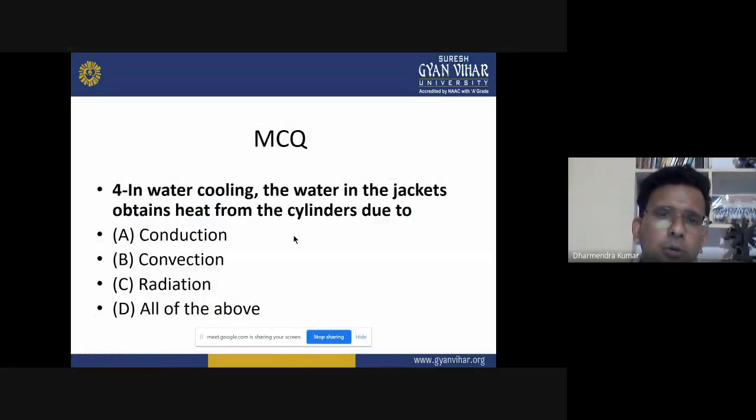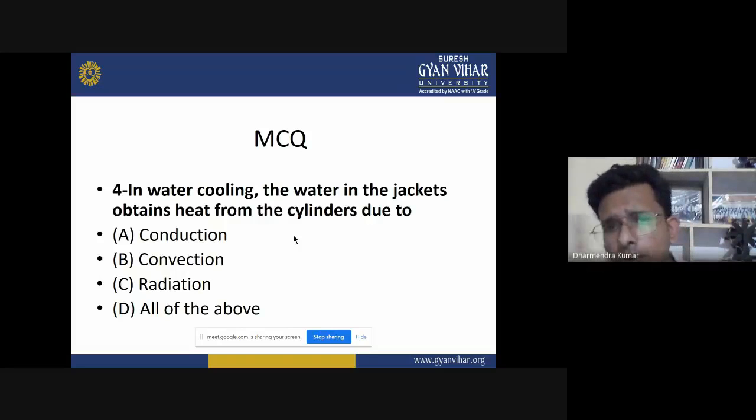Now the fourth MCQ is: in a water cooling system, the water in the jacket obtains heat from the cylinder due to... It is asking, if we are talking about the water jackets which we use around the cylinders, which method is used to transfer heat from the cylinder to the water of the water jacket?